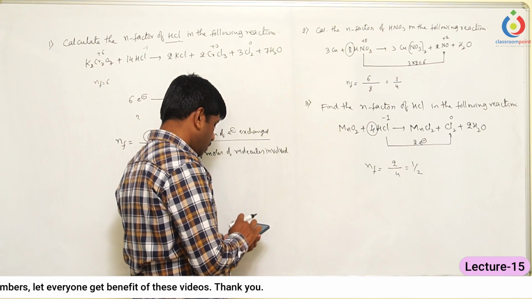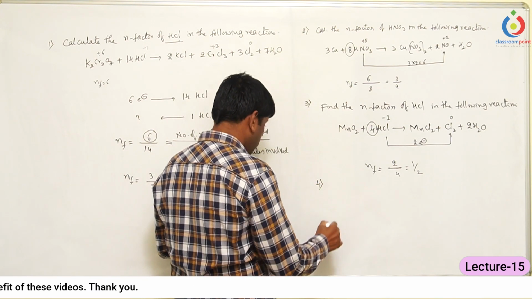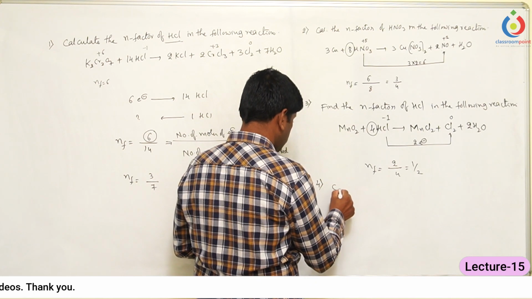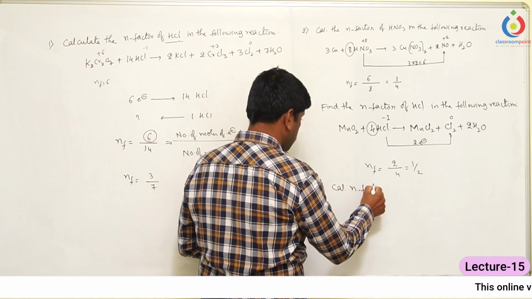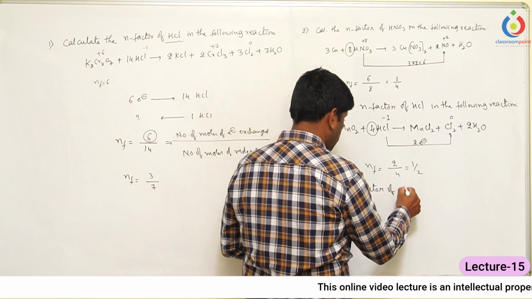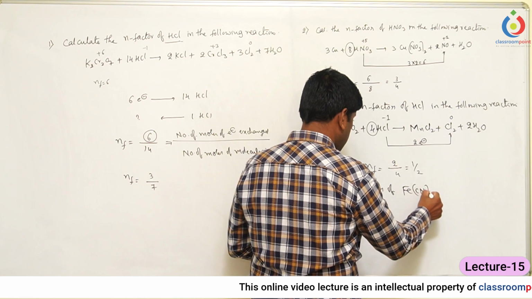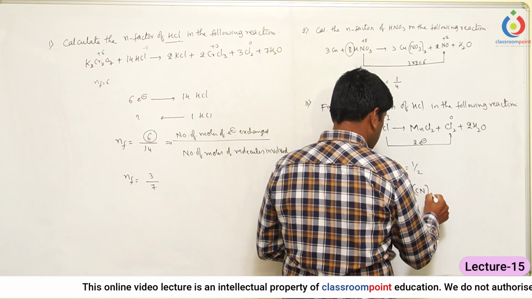Now let us see another question. Calculate the N factor of Fe(CN)6 4- in the reaction.